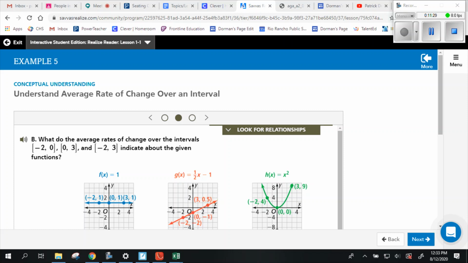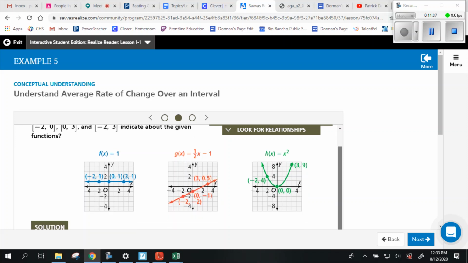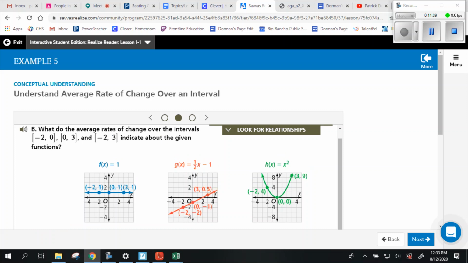Let's look. I think I'm missing a little information. So what does an average rate of change tell you? It tells you how quickly the function is decreasing or increasing. Short, long story short there.